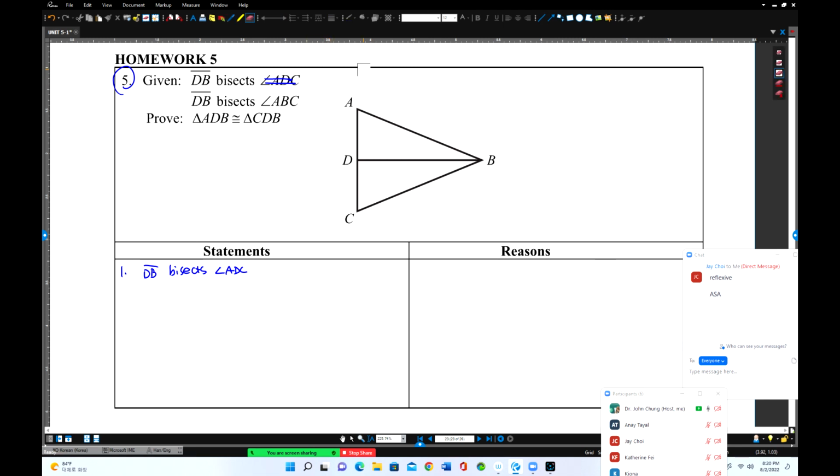Oh, a lot of errors. So these two sides are equal, right? Bisect segment AD, that's the given. The second one is DB also bisects angle ABC. These two angles are equal, so this is the side, this is the angle, okay?